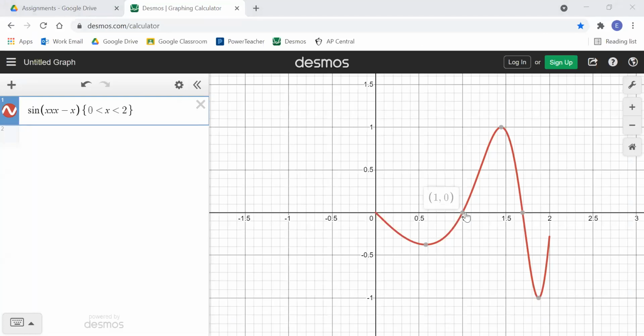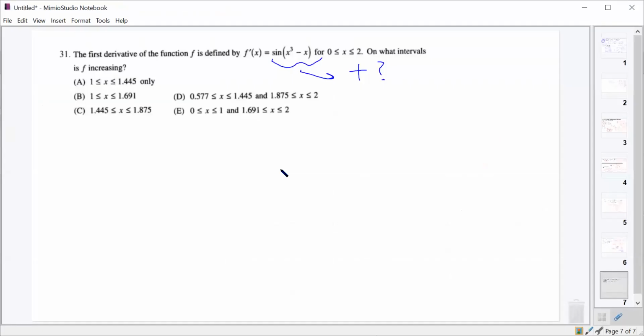Well, it looks like it's positive from 1 to 1.691. Which is, oh yeah, there is the answer choice. I knew it was on there somewhere. 1 to 1.691. And you'll note that they said closed intervals: they did less than or equal to, because when talking about when a function is increasing or decreasing, you should always indicate brackets or closed intervals.